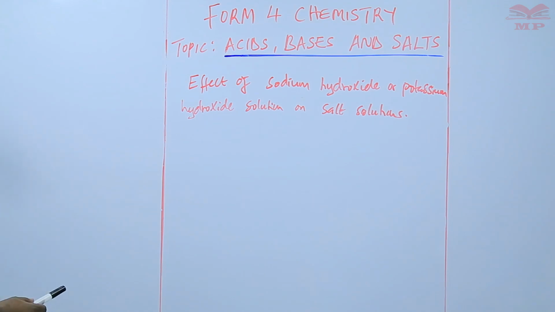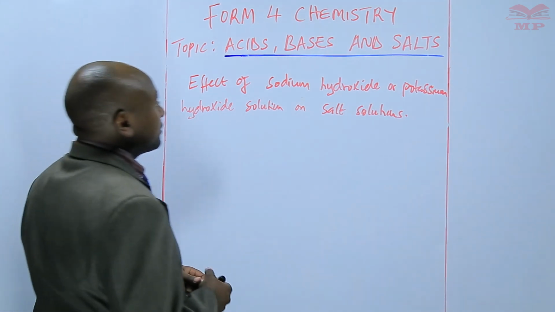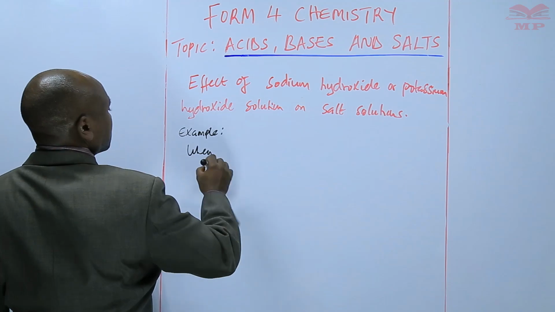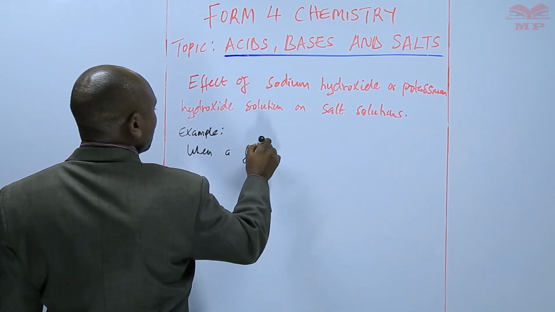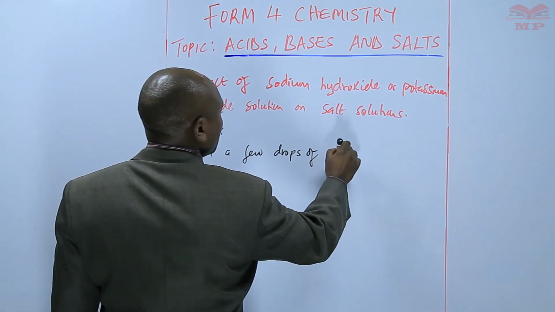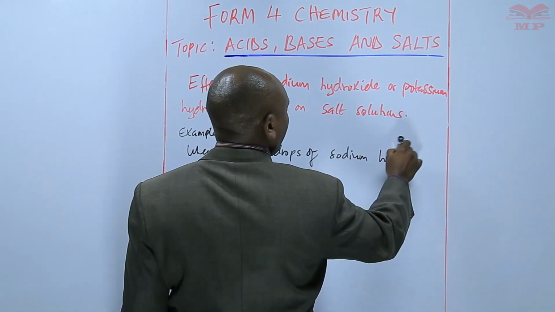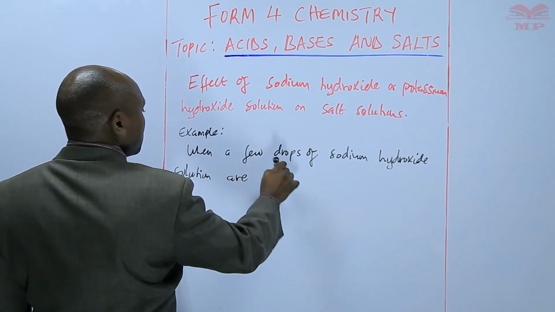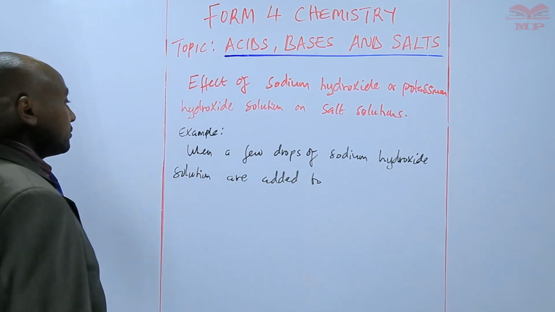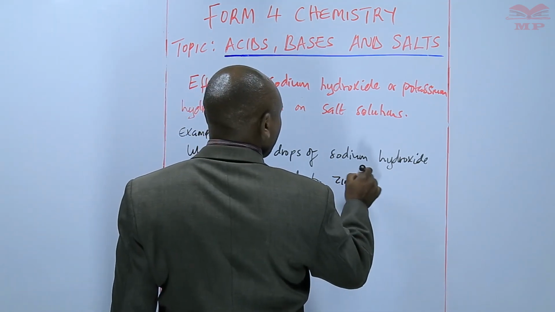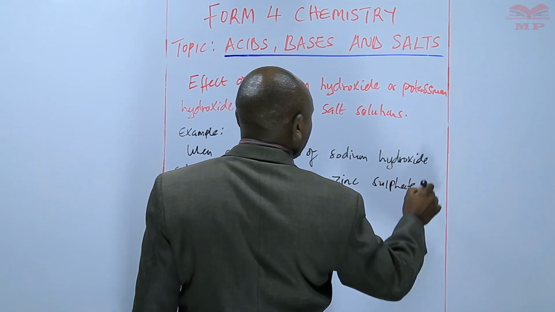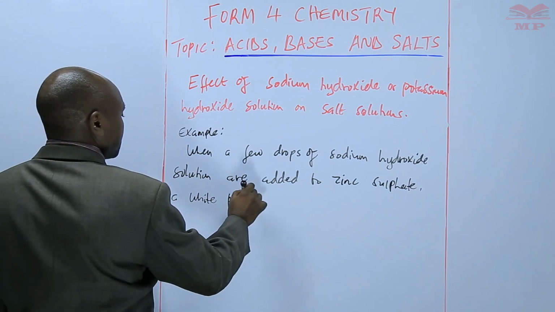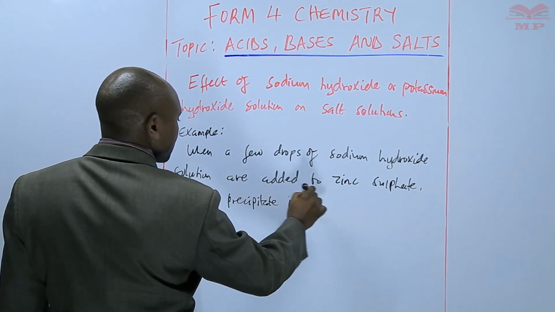So we'll take some examples. When a few drops of sodium hydroxide solution are added to zinc sulfate, a white precipitate is formed.